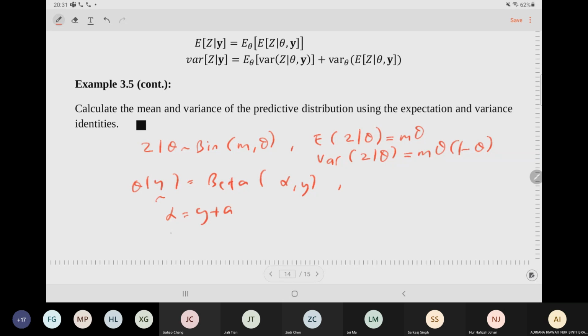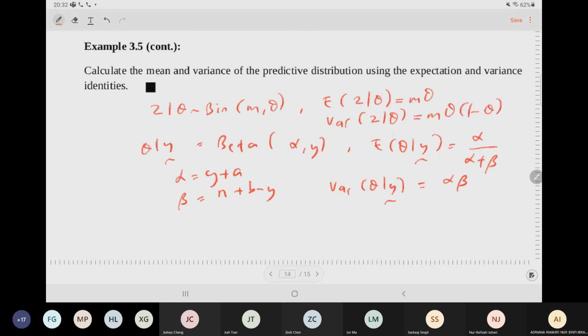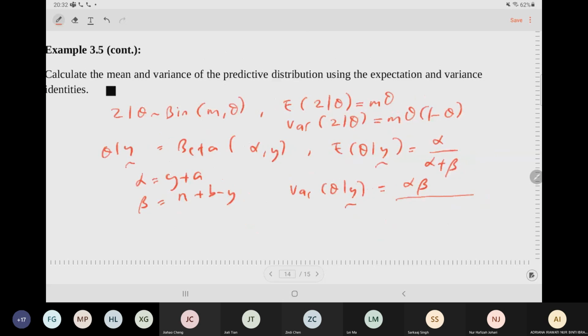For example, I use alpha and beta, right? And then I have my mean, and then I have my mean of my posterior would be, okay, the variance is long actually, but the variance for beta is long. That's why I use alpha beta, because even with alpha beta it is long.